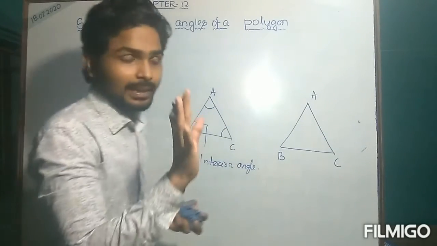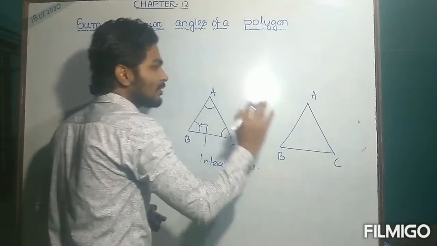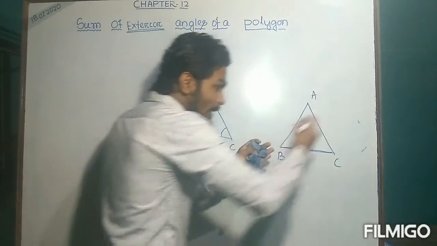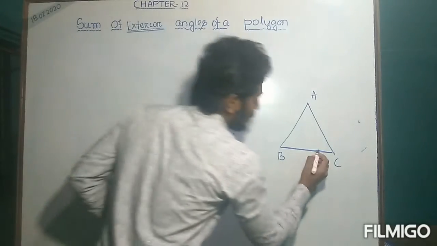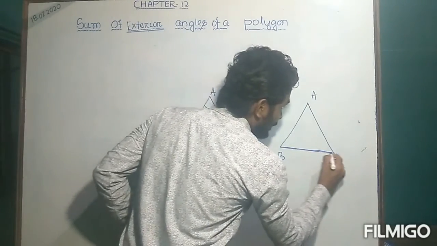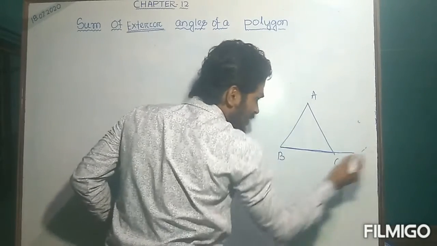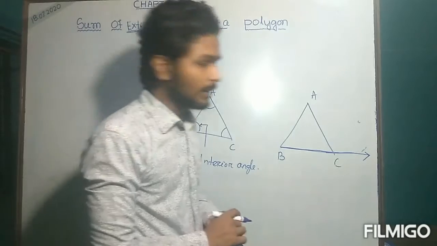Again I am saying, how can we find the exterior angle? The exterior angle can be found by simply producing these sides either towards the right or towards the left. How? See, I am drawing. Suppose this is the side BC and this side BC is produced towards the right. This is the right direction, with an arrow mark.